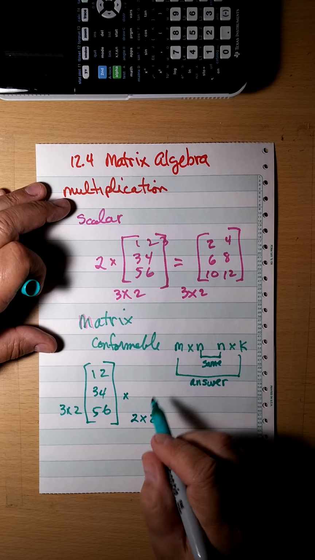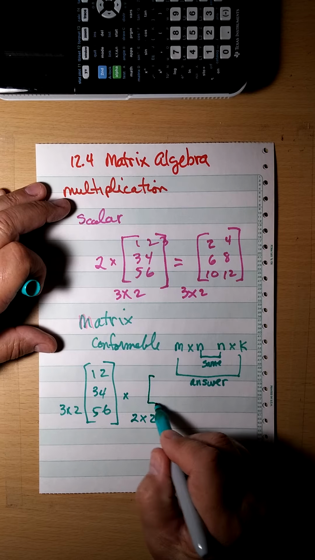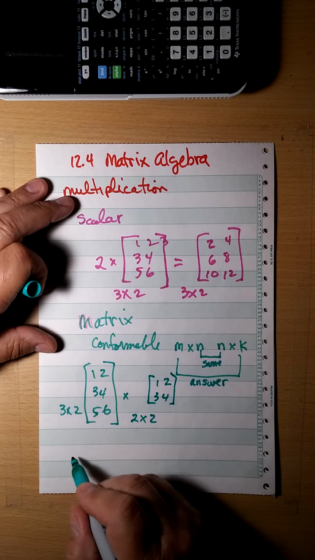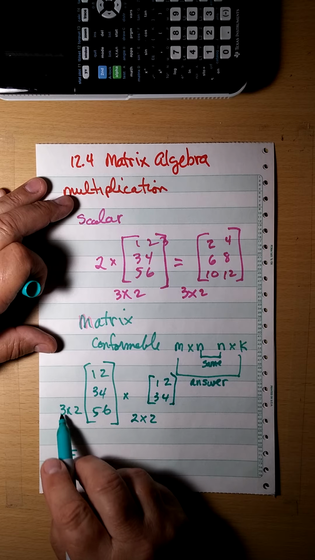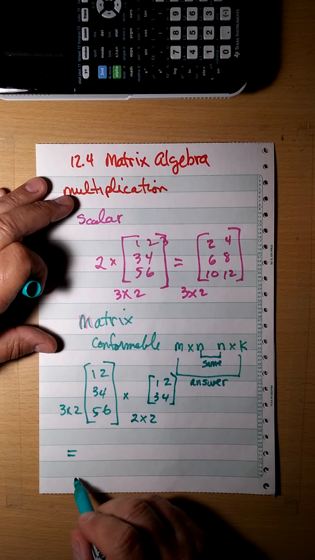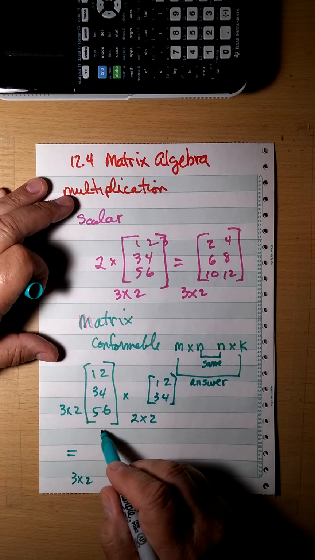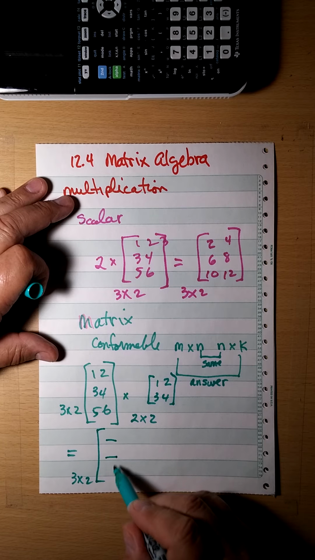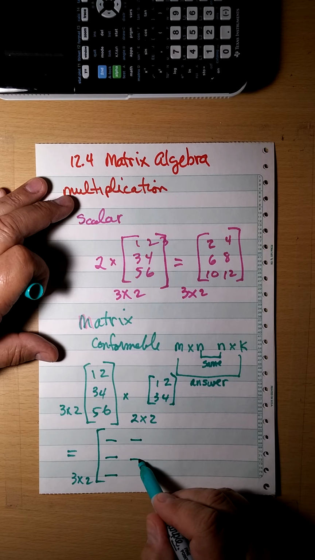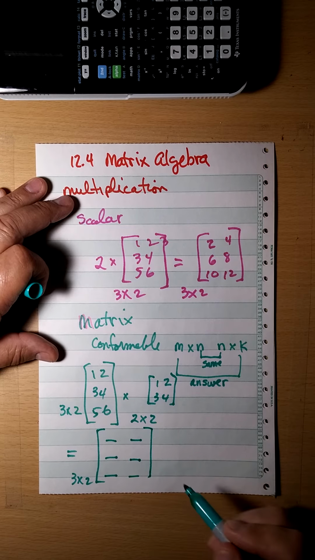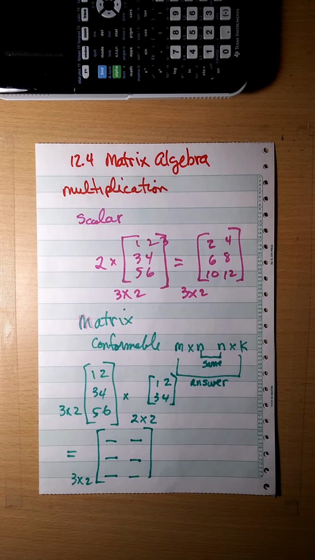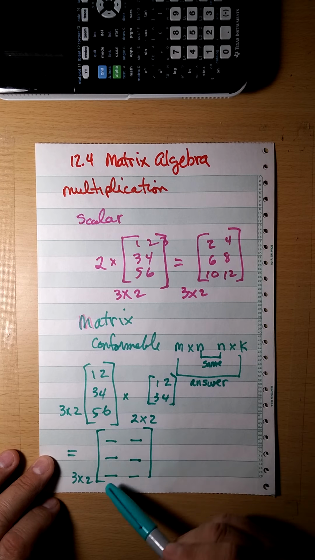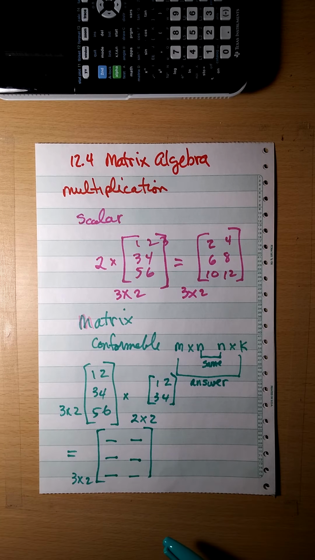And let's do 1, 2, 3, 4, just because. Your answer will be a 3 by 2, the outer dimensions. Now what does that mean? There will be 3 rows and 2 columns. So you know what your answer is going to look like. A 3 by 2 times a 2 by 2 is going to produce a 3 by 2.